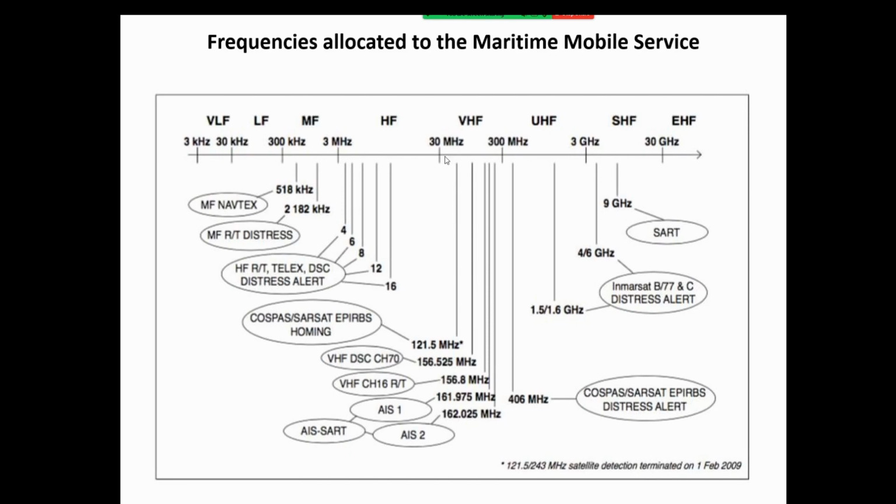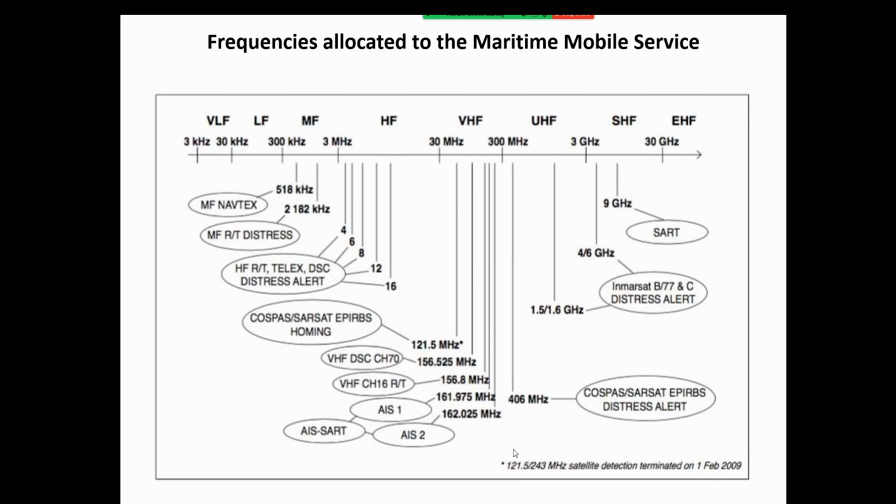Then you get over 30, you're into the very high frequency, and you can see the first three are ones that we've already talked about. 121.5, that's more for aeronautical, and for the COSPAS-SARSAT, EPIRBs, SARTs, ELTs. These are all at 121.5 megahertz.